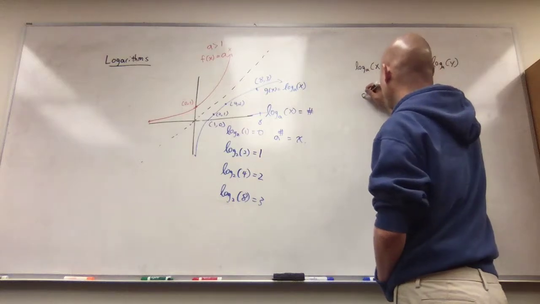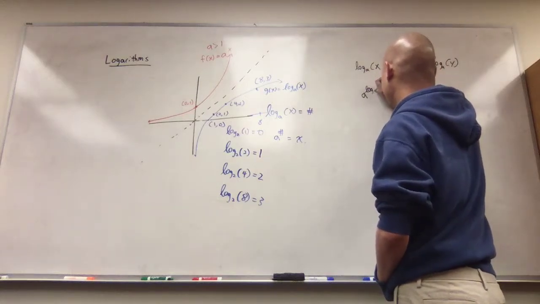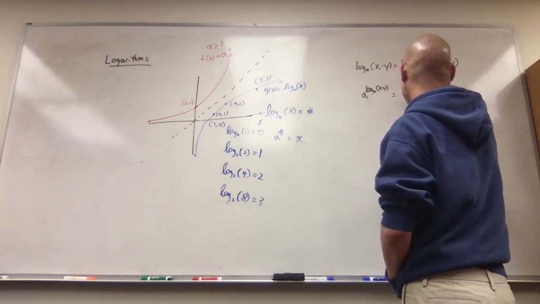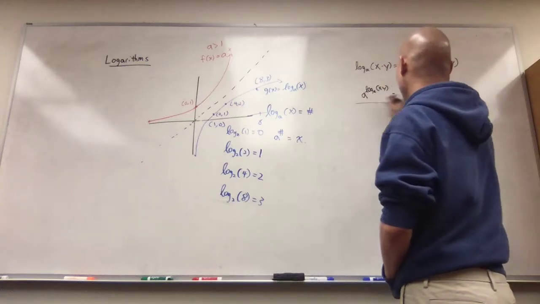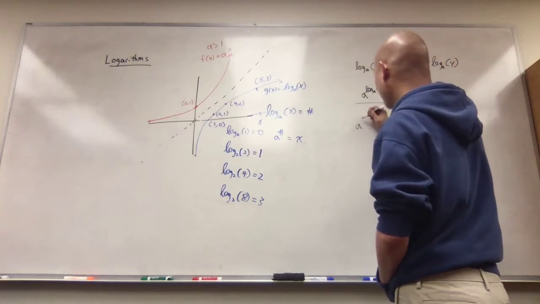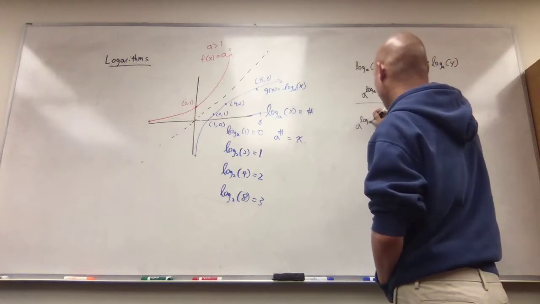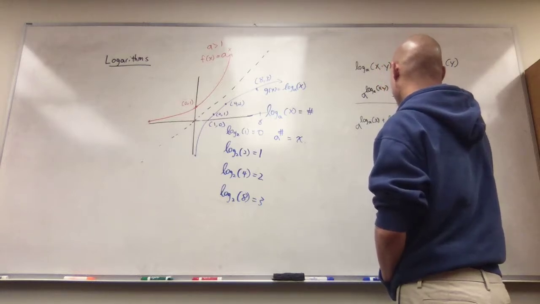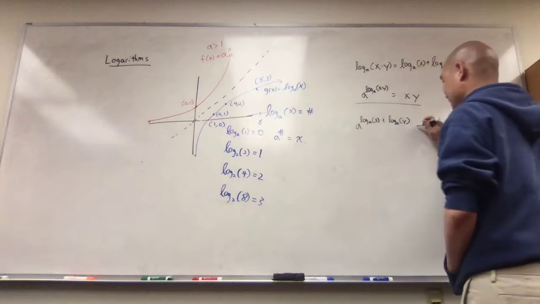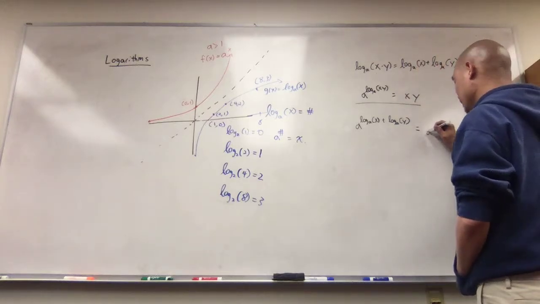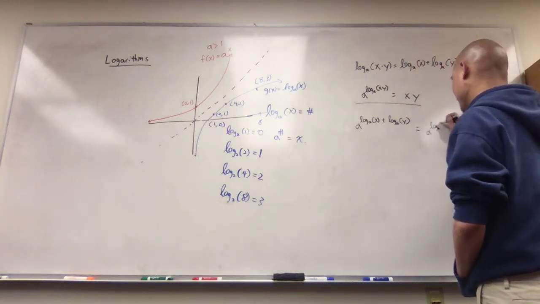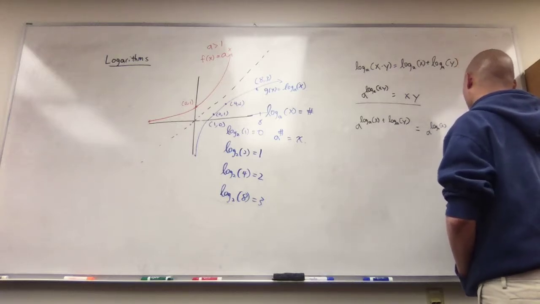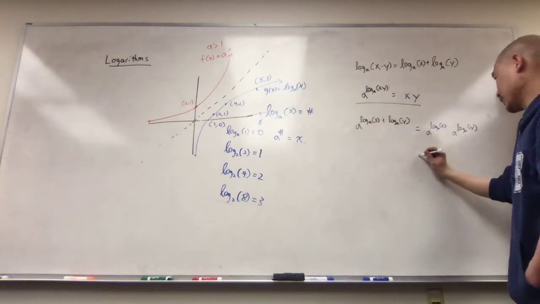So what we know is a to the log base a of xy, those cancel out, and I just get xy. On the other hand, a to the log base a of x plus log base a of y is equal to a to the log base a of x times a to the log base a of y by standard exponent rules.